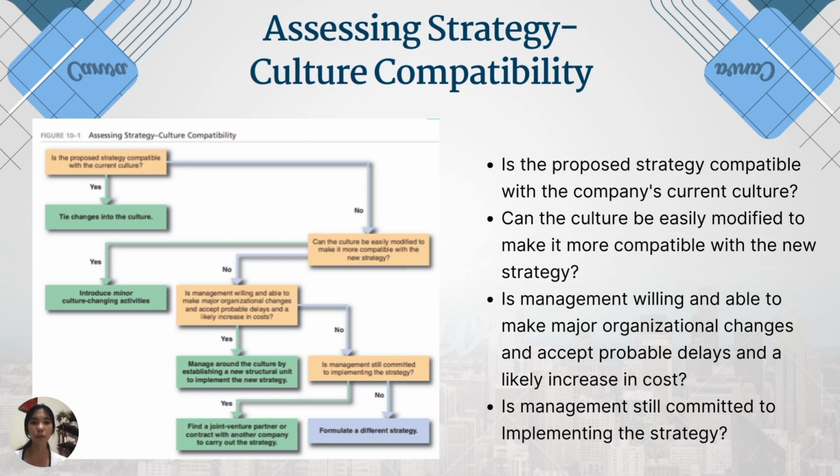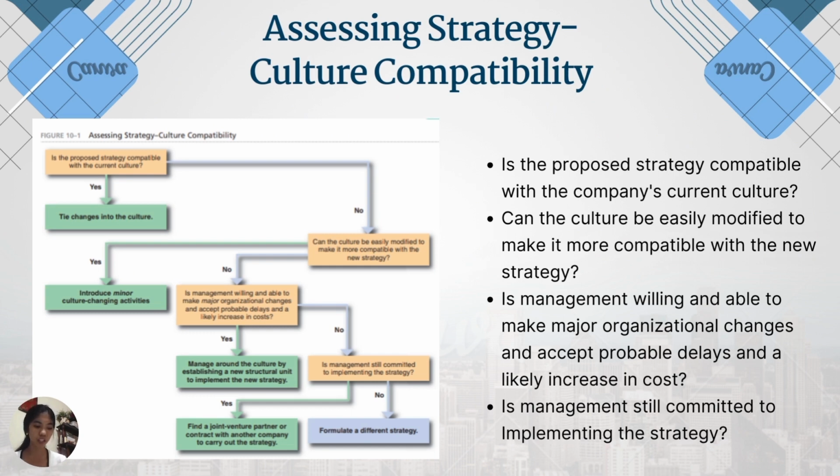Is management willing and able to make major organizational changes and accept probable delays and a likely increase in cost? If yes, establish a new structural unit to implement the new strategy, make some radical changes to be more competitive.